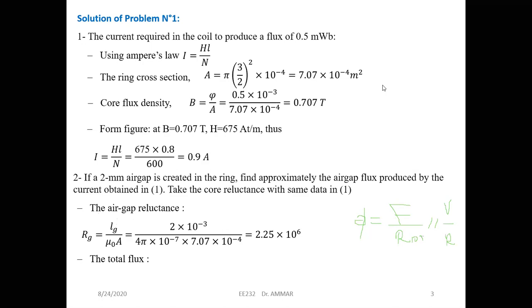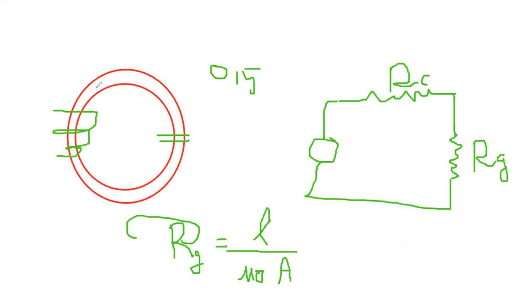I will show you. Let's go back to the board. This is our magnetic circuit. If the leakage flux is neglected, all the flux will flow through this core, and it's the same flux in the air gap if we neglect the fringing and the leakage.